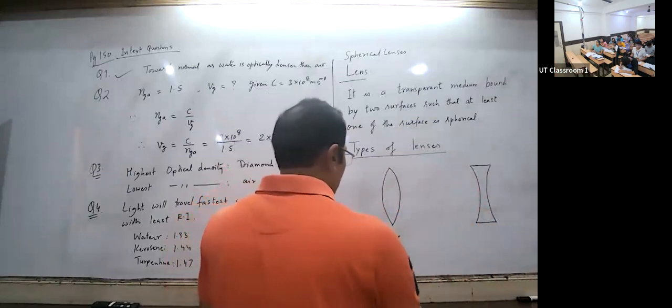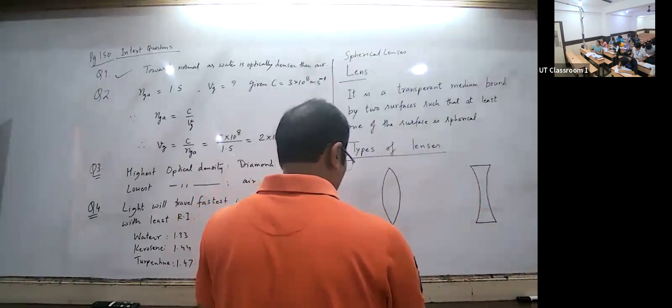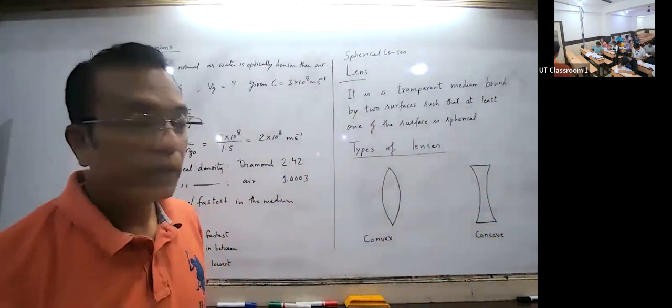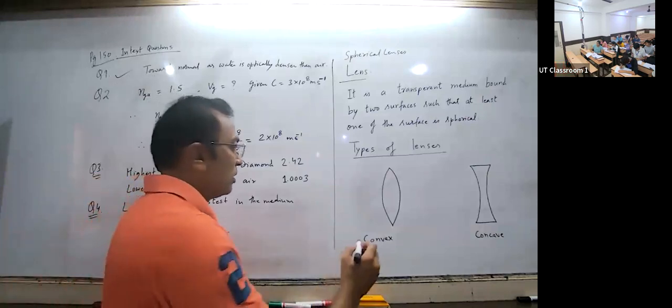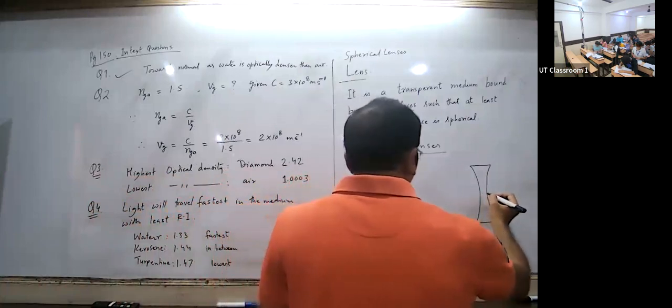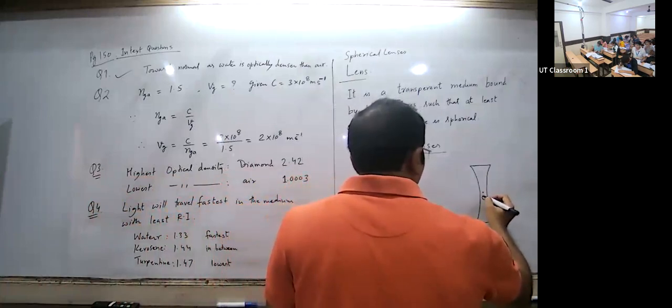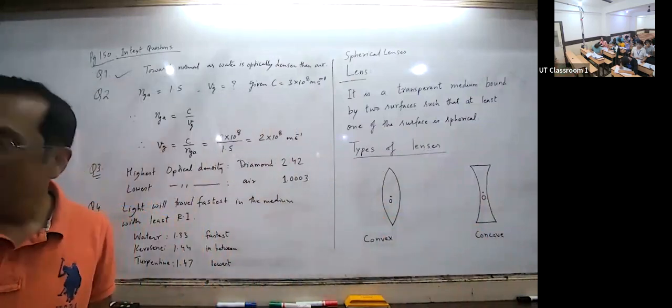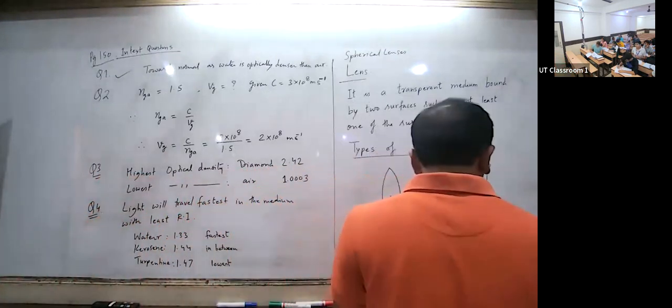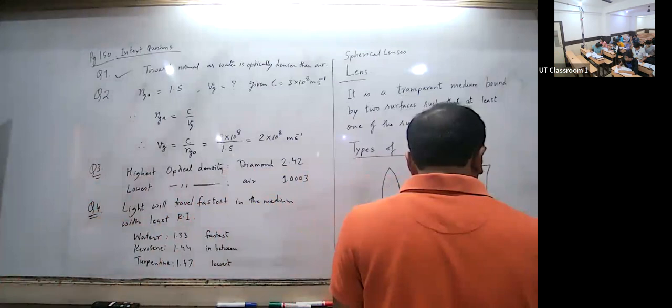This is called biconvex or just convex. This is called concave. This is the center of the lens, and we call it optical center. In mirror, we had this as pole, but for lens, we call it optical center. O is optical center.